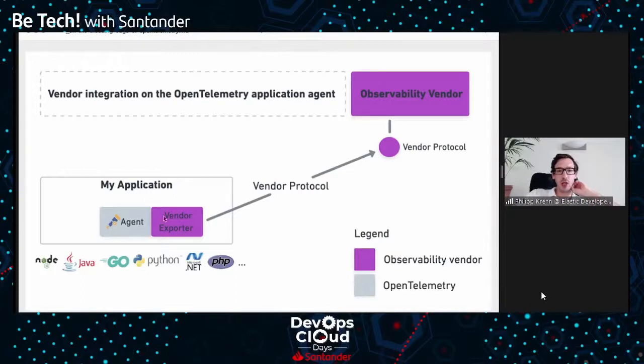So for each agent, the vendor will need to provide an exporter, and then it can talk to whatever backend the vendor is providing. So this might be Elasticsearch here and the Elastic APM server here that takes that. So we would need a vendor exporter, which we don't have, but other solutions have those. It's more work because for each agent, you will need to have that exporter in that programming language.